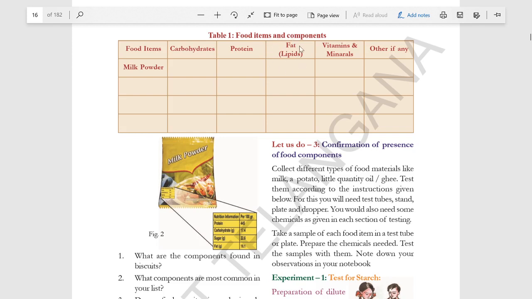Fats, lipids, in these also we have many types, some of which are water soluble and some are alcohol soluble. Okay, these also you should remember. And let's say minerals.